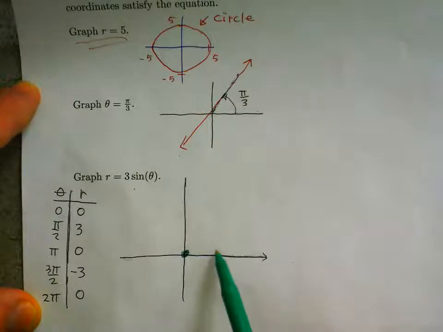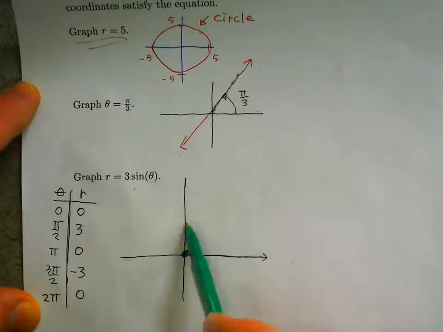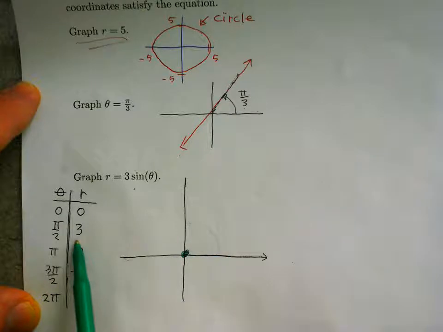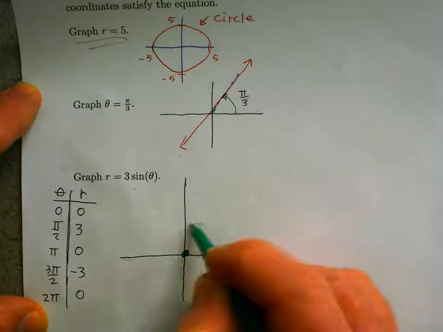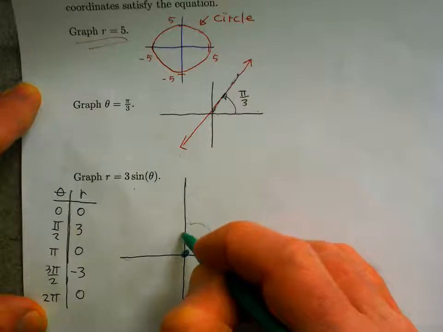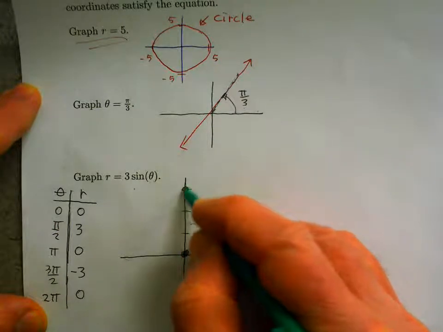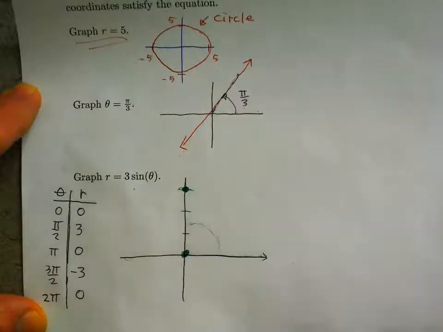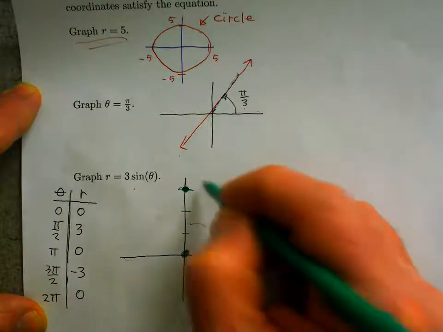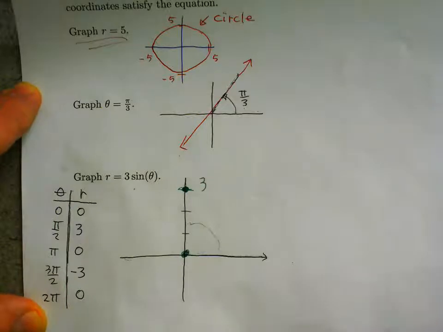When theta is pi over 2, the r value is positive 3. So on the positive y-axis, we plot the point where the y value is 3. Then when theta is pi, the r value is 0 again.